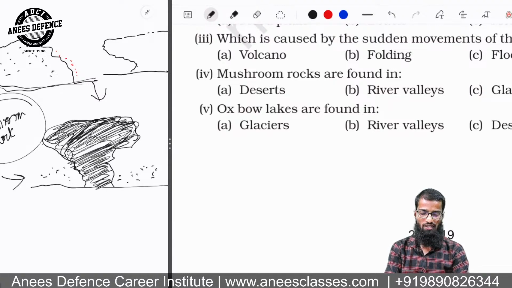So you get the meandering of the river there, and you get oxbow lakes. In glaciers you will not get oxbow lakes, and in deserts also you will not. You will be surprised to see that in desert areas also you have lakes, but those lakes are called playa lakes, and not oxbow lakes.